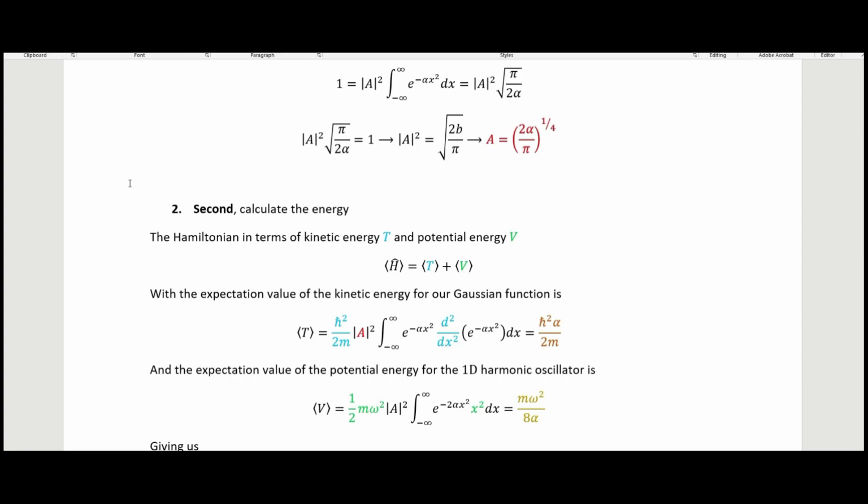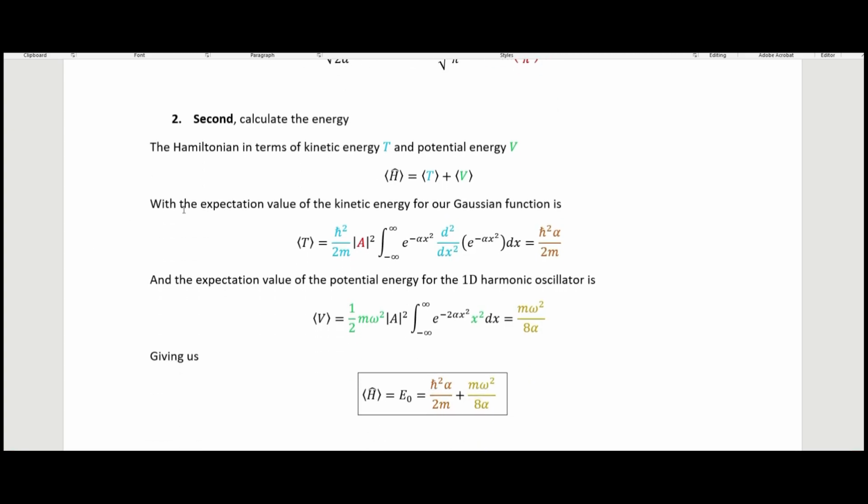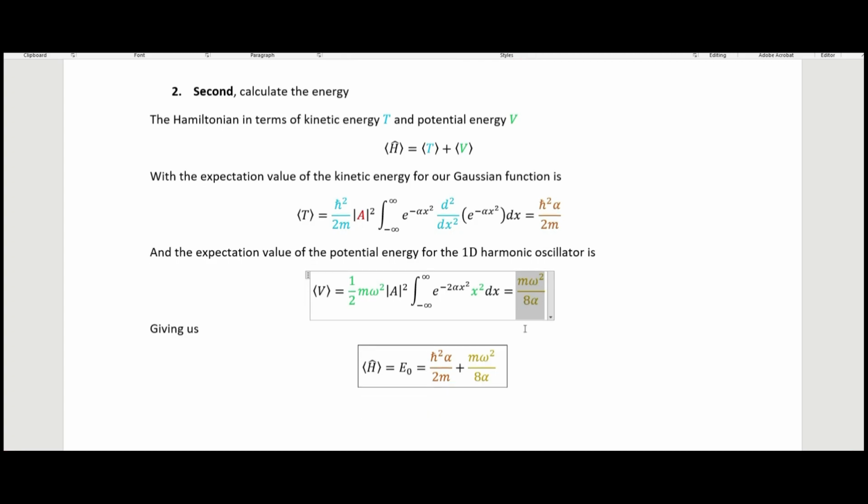So now we can calculate the energy. And so the Hamiltonian is in terms of the kinetic and potential energy. So the expectation value of the kinetic energy from our Gaussian function will end up being this: h bar squared alpha over 2m. The expectation value of the potential energy for the 1D harmonic oscillator is going to be this: m omega squared over 8 alpha.